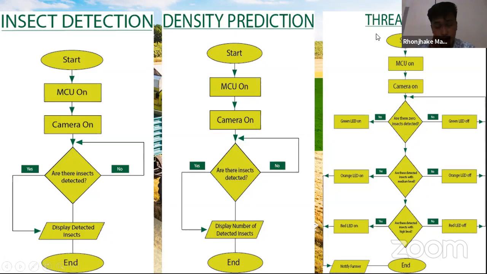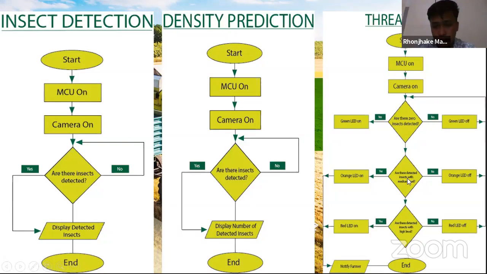While for the level of threat, when the camera detects no insects, the green LED will turn on and return to the operation loop.